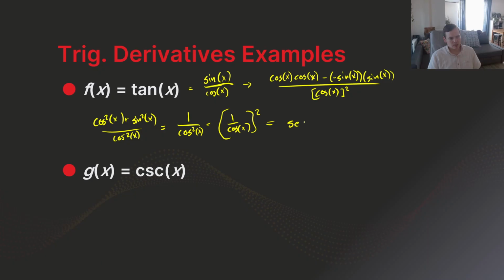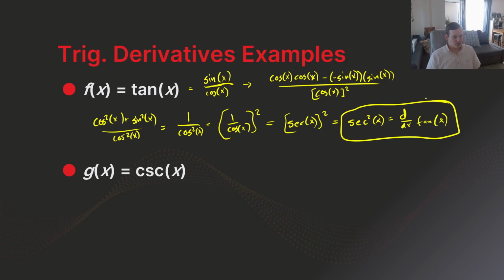So I get secant of x squared, which is the same thing as secant squared x. So that's the derivative of tangent of x, which if you check back in your notes, you'll see is in fact true. Or that's what we wrote earlier.